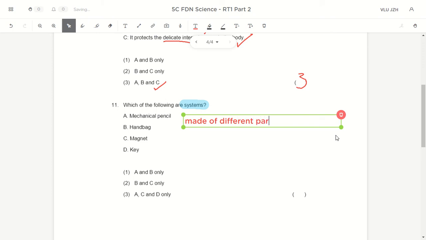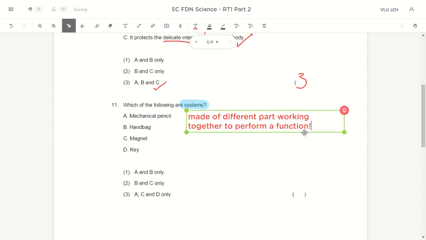They must work together, and to do what? To perform a function. So a system basically means anything that is made of different parts working together to perform a function.